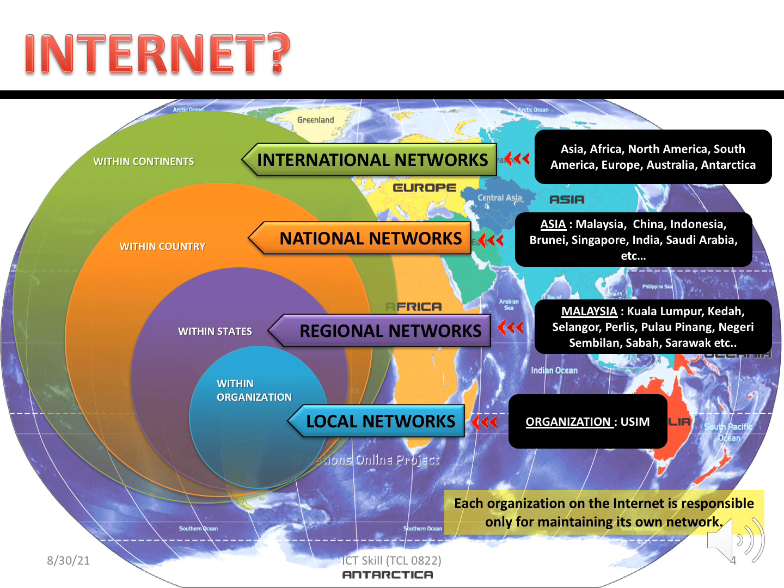The national network is where you can use the internet across a whole country, for example Malaysia, China, Indonesia. The regional network is within a state, for example in Malaysia. And the last one is the local network, which is within an organization, for example only around USIM. So that is the meaning of the origin of the network.